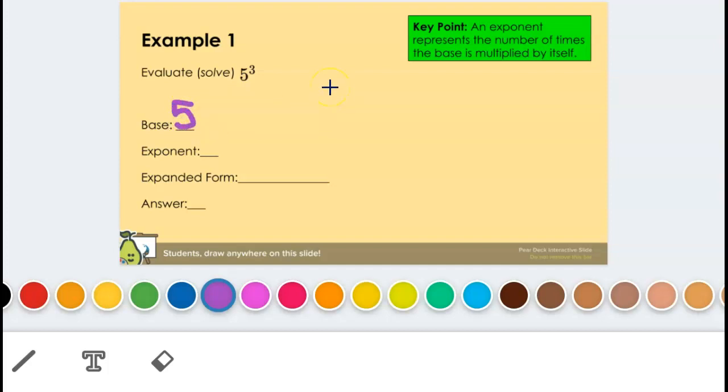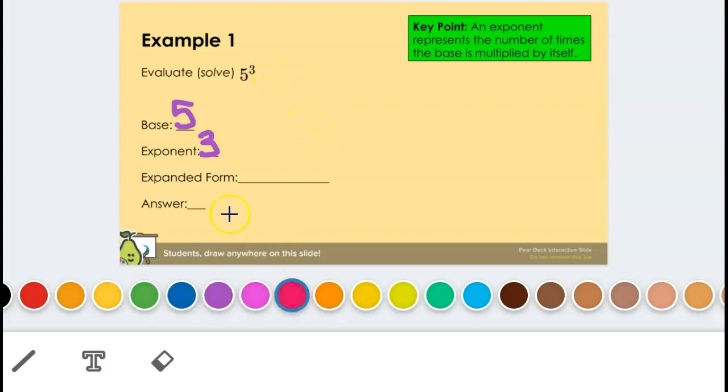That is the number that I'm going to be multiplying. My exponent is the number that's up a little bit higher and tells me how many times I'm going to multiply 5 by itself. So the exponent is 3. So this could be considered 5 to the third power, or what we want you to start saying is 5 cubed.